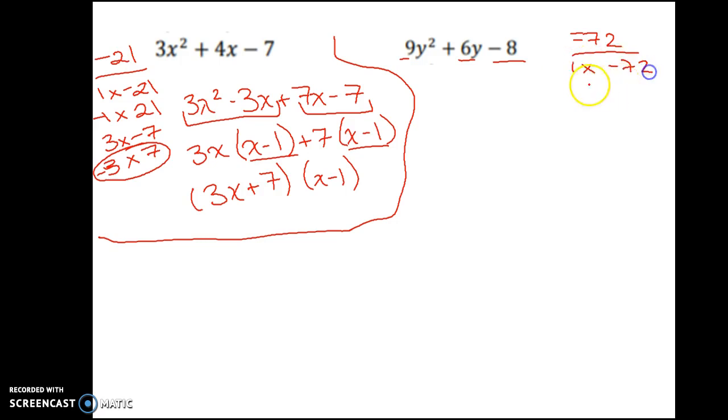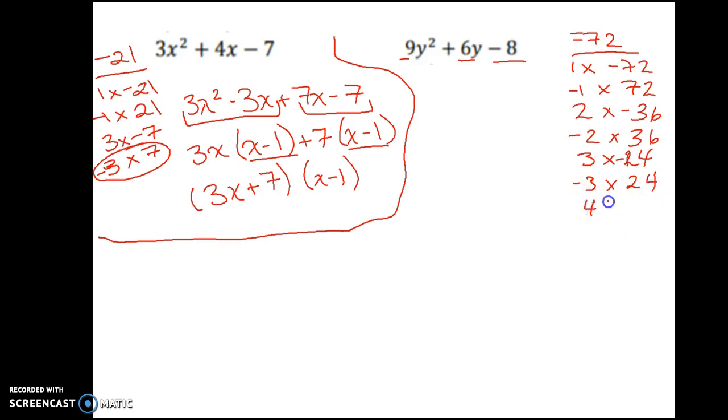Minus 1 times 72, 2 times minus 36, minus 2 times 36, 3 times, let's think about that for a second, 24. Because 3 times 2 gives us 6, or 3 times 20 gives us 60, plus another 12 gives us the 72. Minus 3 times 24.